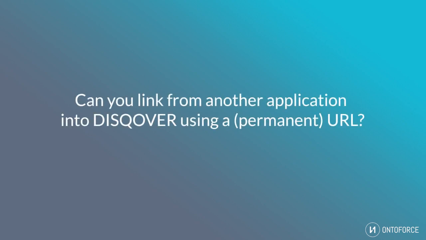Okay. And there is also a question from Wolfgang. Can you link from another application or maybe a document into Discover using a URL? Yes. Philip? Yes. So there is a possibility to use permanent URLs. It means that you can create a permanent URL by the construction of your prefix as the name of the application.